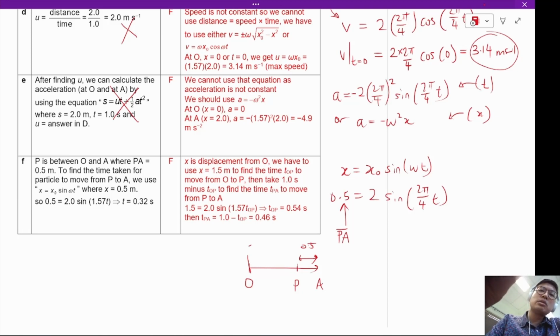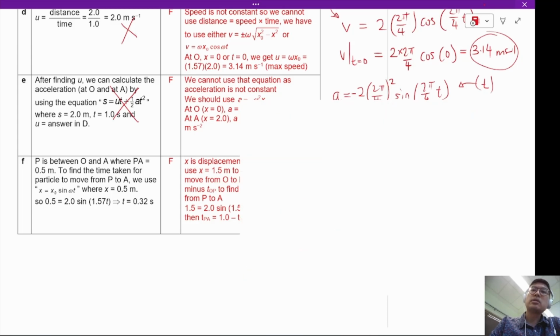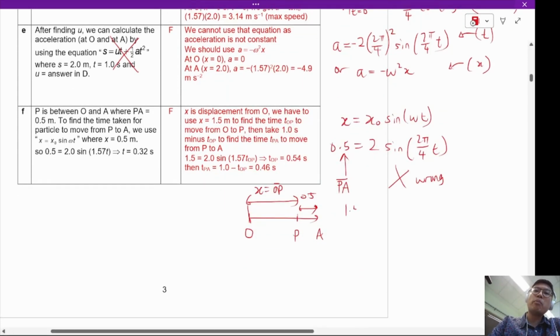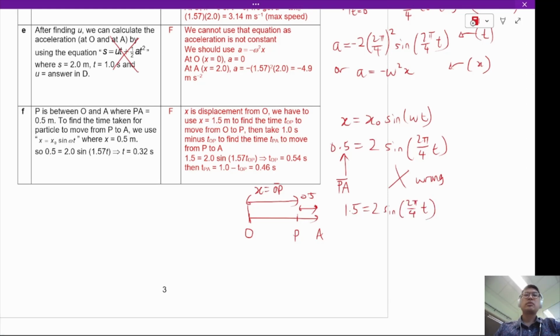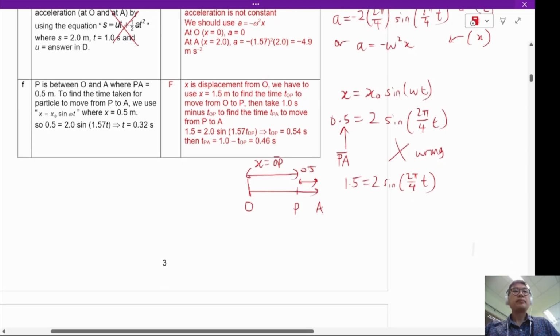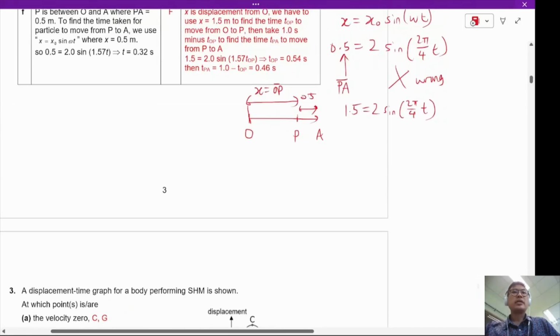The displacement is measured here. This is the displacement OP, okay? So this is wrong. The correct answer should be using 1.5 equals 2 sine 2 pi over 4t. So don't use the wrong side for the displacement. Right, so that's question 2.